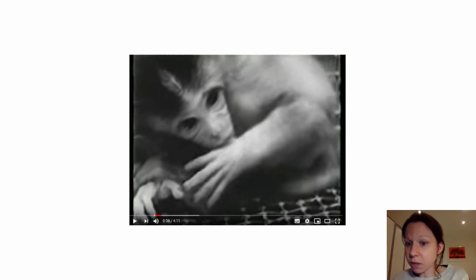The other surrogate mother offered comfort because it was covered in that nice soft cloth type material that an infant monkey would be able to associate with its mother's fur. So one giving just food, one giving just comfort. And what we found time and time again with these infant monkeys is they chose the comfort over the food. They chose the soft covered cloth monkey over the one that produced the food.